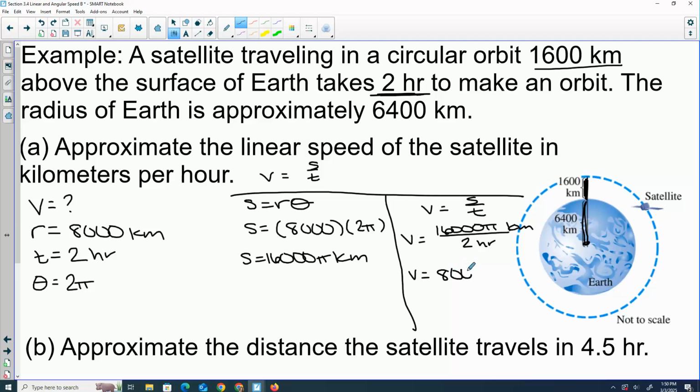We get 8,000 pi kilometers per hour. So labeling your variables and writing out your formulas is very, very helpful.